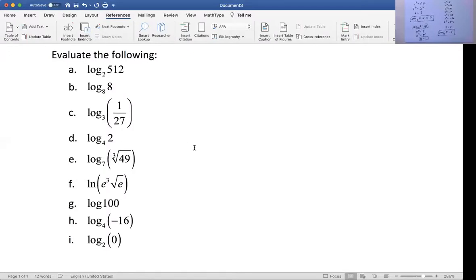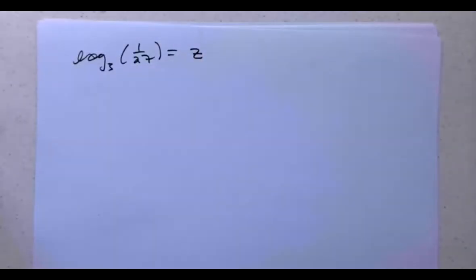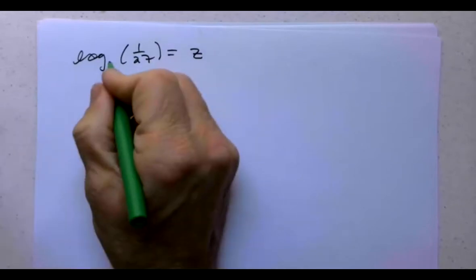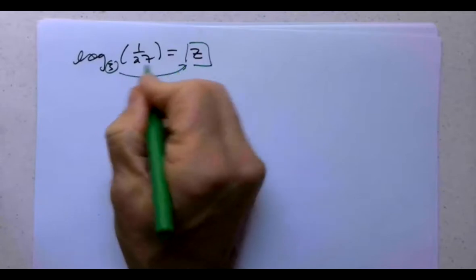We have log base 3 of 1 over 27. So I'm going to again give it an exponent, call it z. Circle the base. 3 to the z equals 1/27.